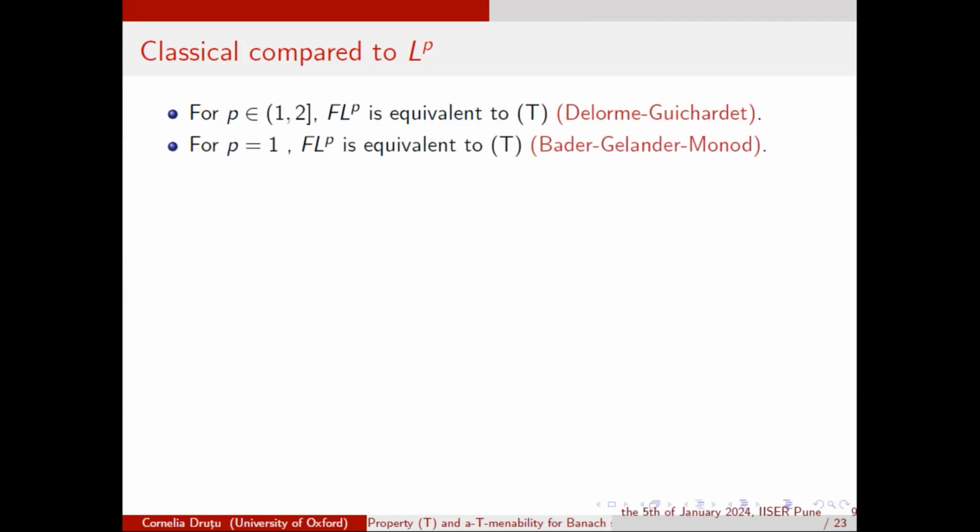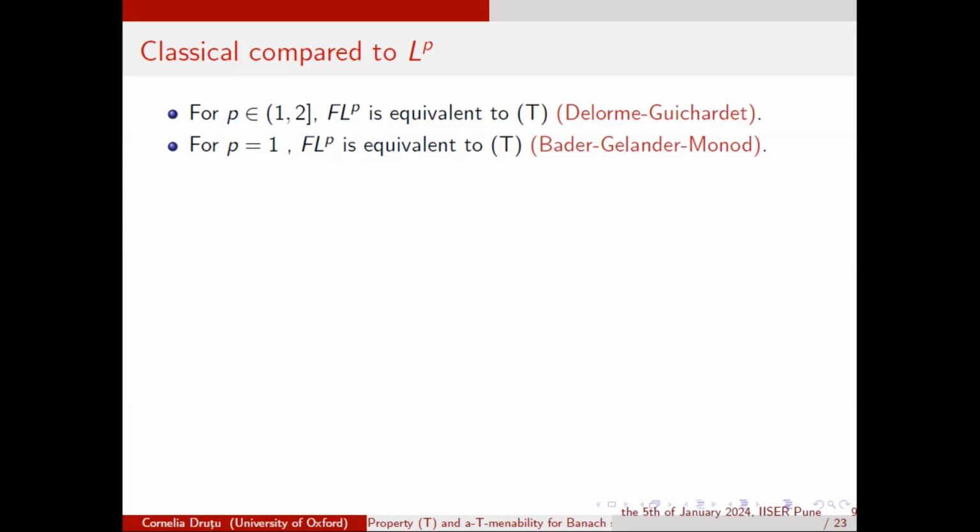What Delorme and Guichardet proved is that property T is equivalent to the fact that every action by affine isometries on an L^p space has bounded orbits. And for p larger than 1, L^p spaces are uniformly convex, and therefore bounded orbits is equivalent to fixed points.